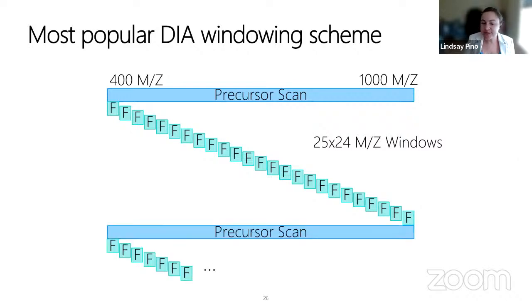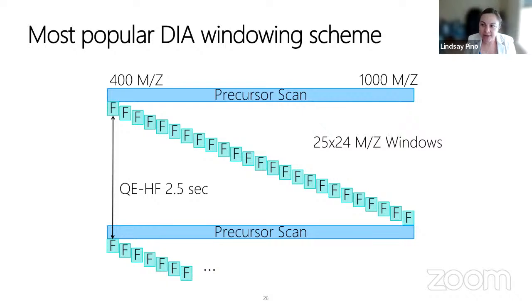You take another precursor scan, and then you start all over: another 25 windows of 24 MZ width. So now you've covered everything. If you think back to that ion map, the goal is to try to be covering the darkest part of that intensity across the strip of MZ values.